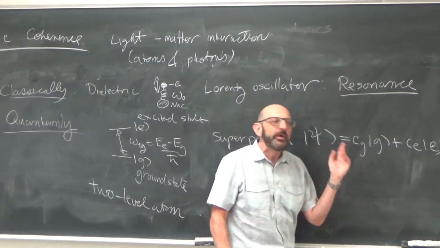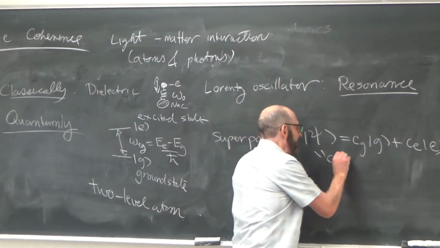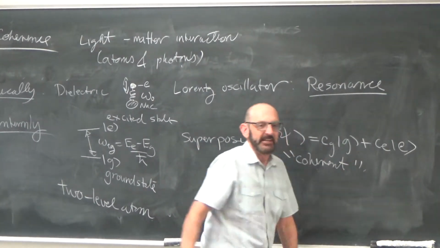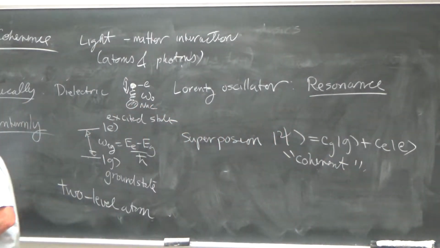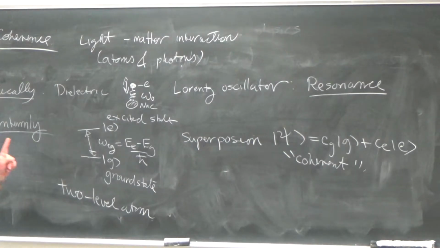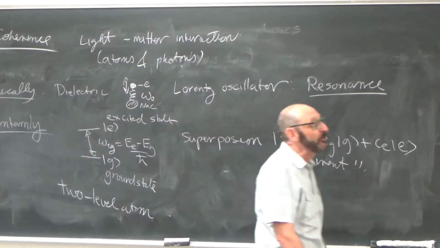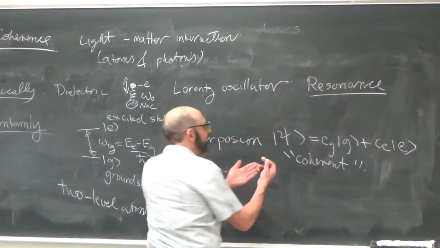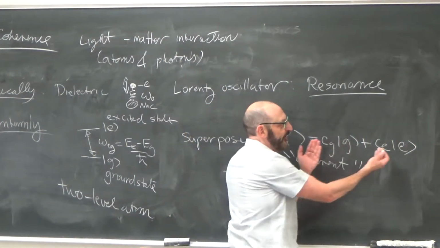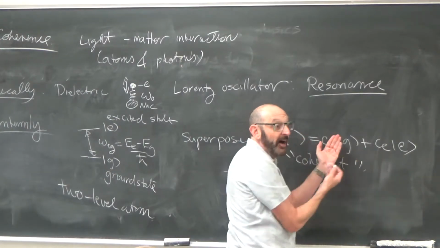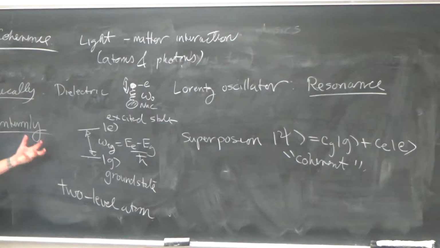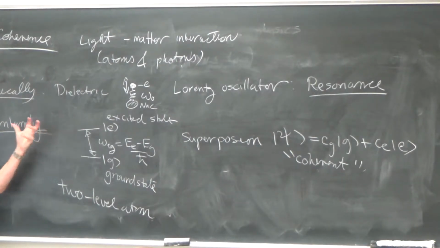Of course, we call this a coherent superposition because the word coherent has to do with interference. And the ability to see interference between these two possible cases means that this atom would have quantum coherence in it. Okay.